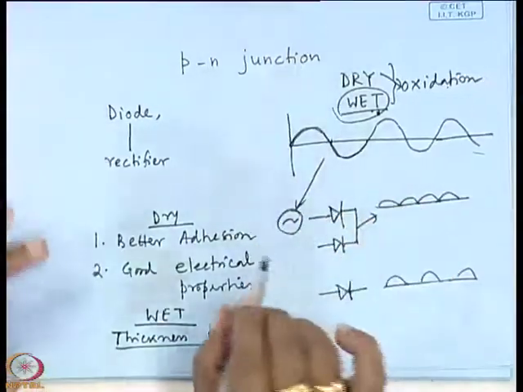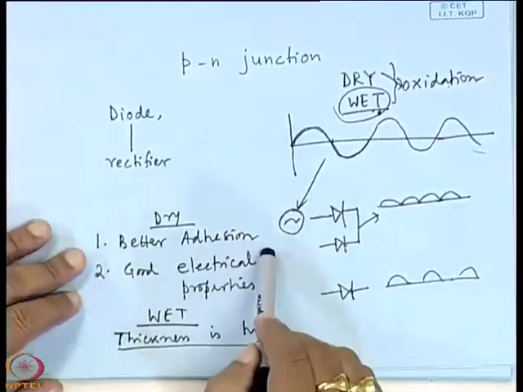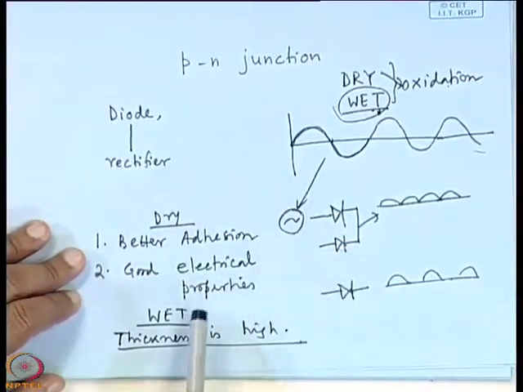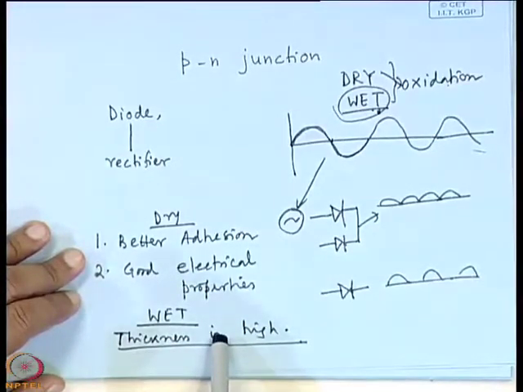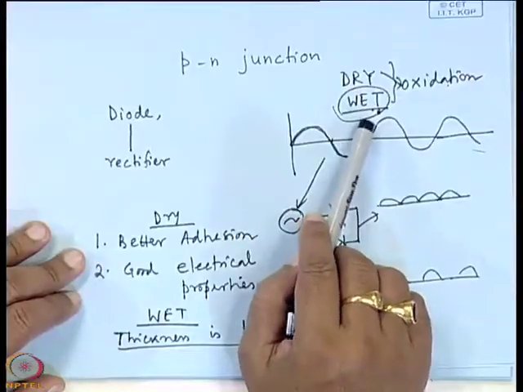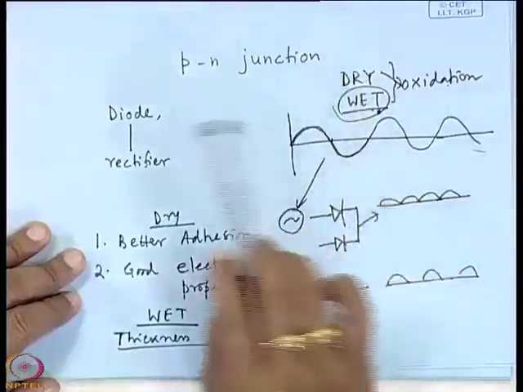So for dry oxidation, better adhesion is there along with good electrical properties, but for wet oxidation, thicker oxide layers can be made. Say you want to make a 2 micron, 5 micron, 10 micron oxide layer, then you must use wet oxidation. For dry oxidation, say 0.1 micron, 0.2 micron, some nanometers of thickness, you can use dry oxidation.